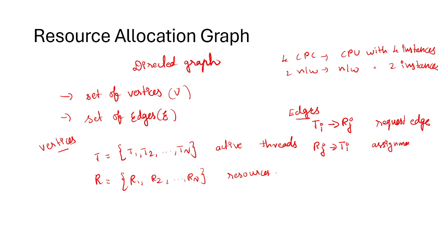So the resource has been assigned to a thread, that is an assignment edge. So those are the request edge and the assignment edge. Now, to draw the resource allocation graph, we need the set of vertices and edges, and for each resource we need the details of how many instances there are.